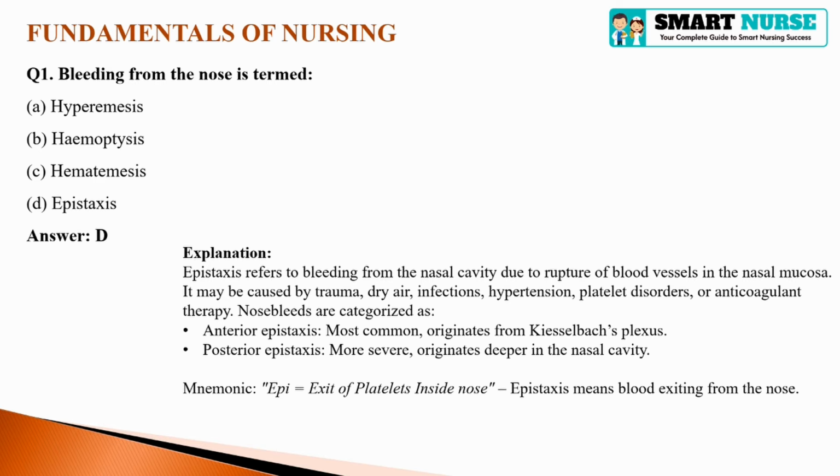Hematemesis means very dark brown blood present in the vomit. So here they are asking about bleeding from the nose, and the answer is epistaxis, which is nothing but bleeding from the nasal cavity.